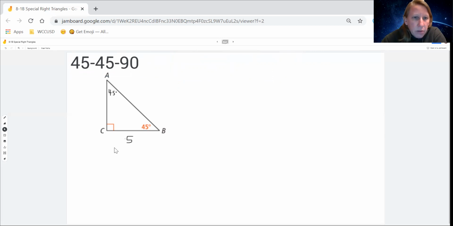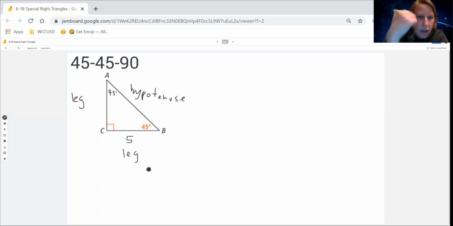Okay, so let's play with this. When you get triangles, the first thing I want you to do is label them. So in an isosceles right triangle, this one is the hypotenuse. And these are the legs. And it happens to be that if we know one leg is 5, then we know the other leg is 5.